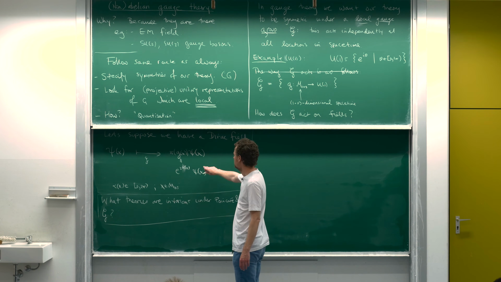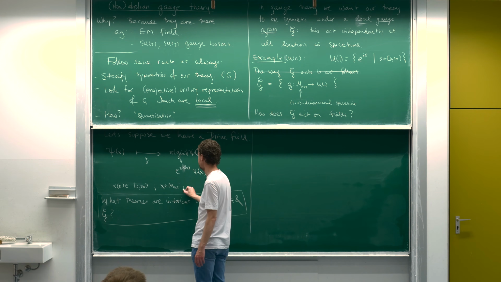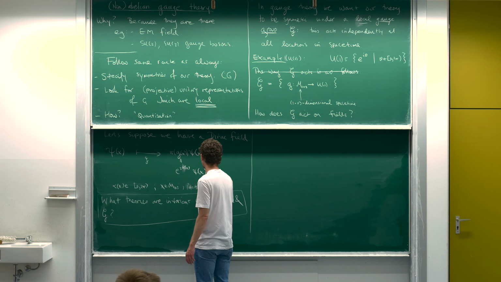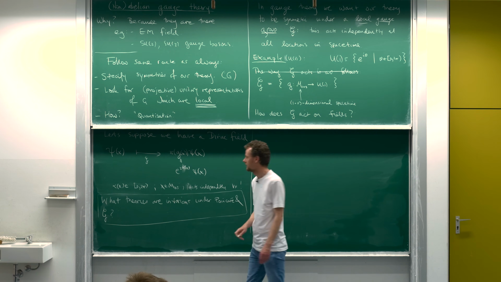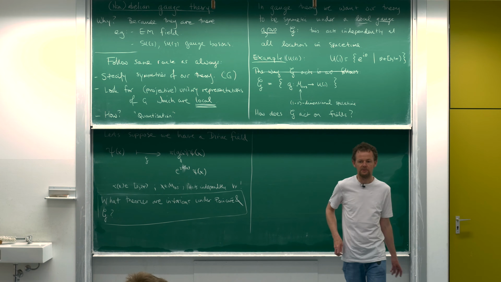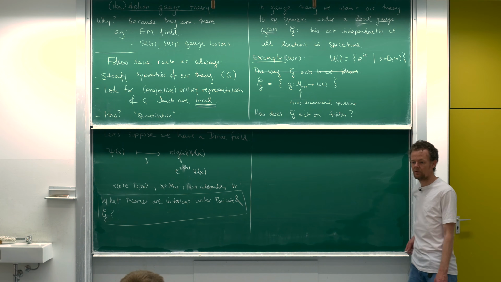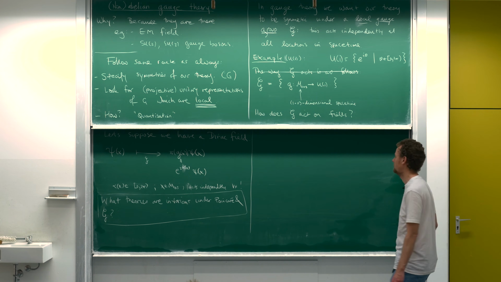I want to stress that this acts purely independently. So at every space-time location x, there's another copy of U1 acting completely independently of all the other U1s.